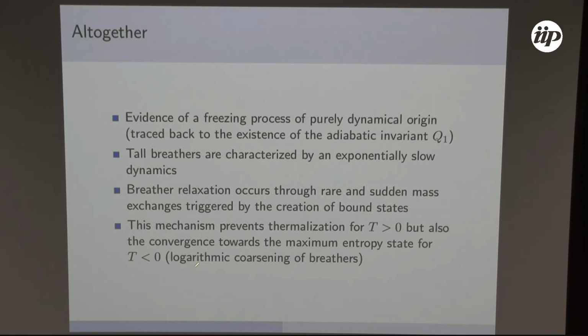You can have some more detailed information if you consider again stochastic models, where you now put by hand an exponentially small interaction coupling between breather and background, and in this case you would expect that your coarsening turns into logarithmic coarsening, something that is very, very slow.